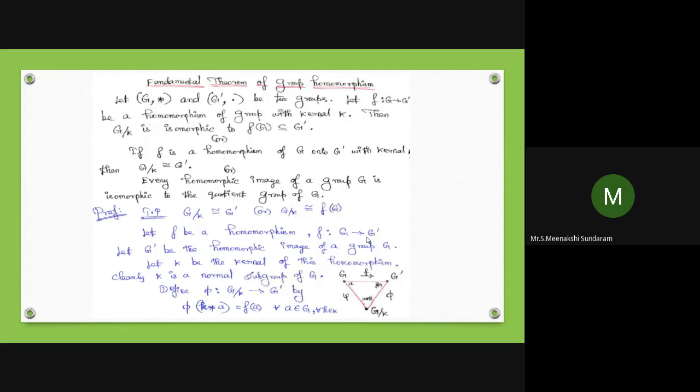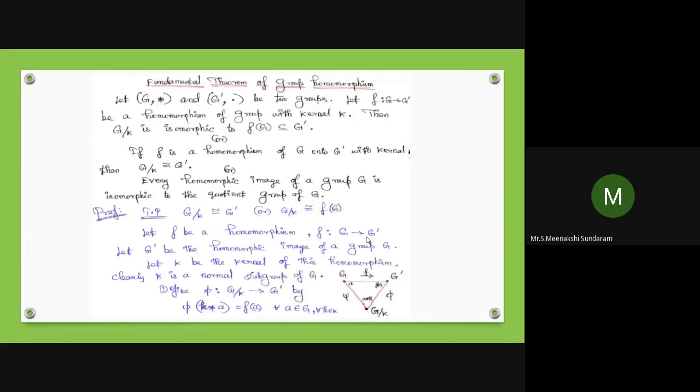Let G, star and G dash, dot, the two operations star and dot, be two groups. Let F be a mapping from G to G dash, a homomorphism of groups with kernel K. That is a kernel: the elements in the domain that are mapped into the identity element of the codomain.